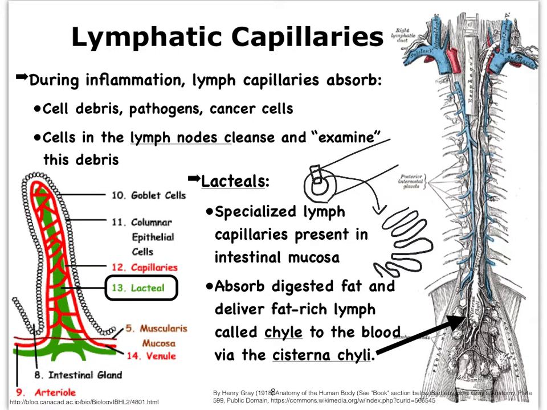And we refer to these finger-like projections as villi, or one villus. Let me use a different color to encircle one villus. So here's the villus, and this would be where all the food is being digested in the lumen.